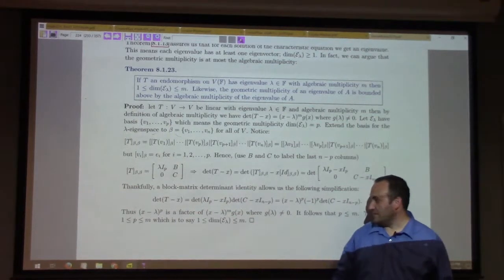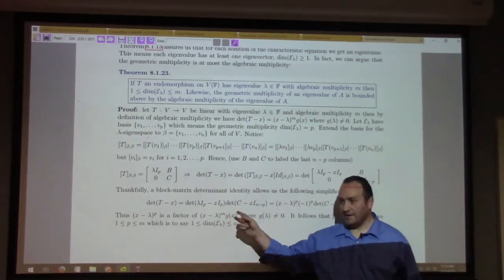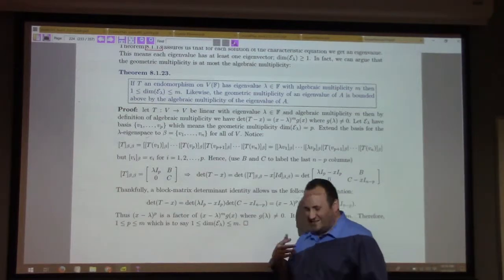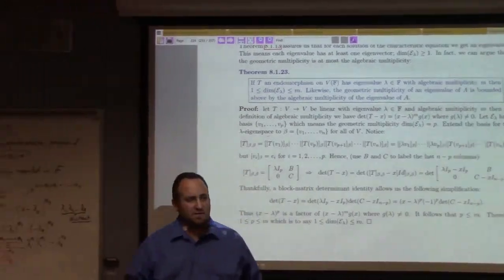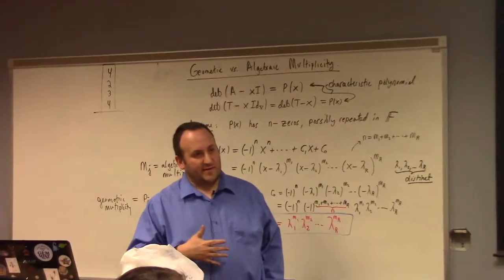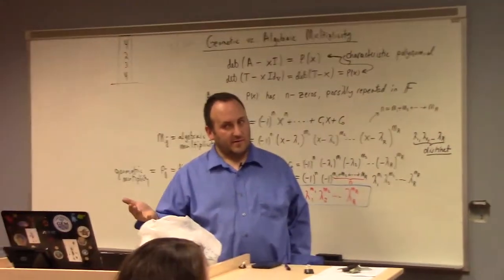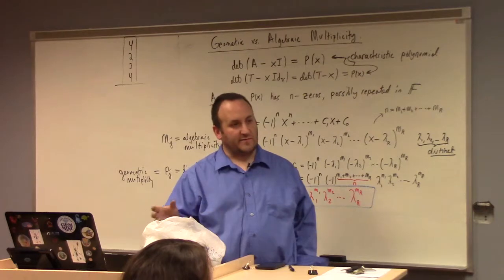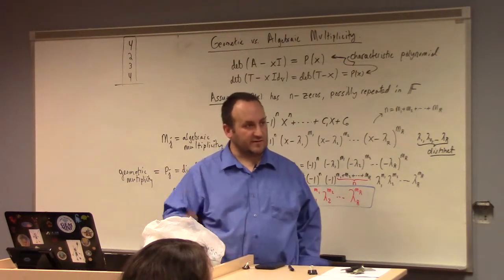So p is less than or equal to m, which is what I'm claiming. If you watch the videos, I show examples where it may or may not be the case that we actually have as many eigenvectors as we have repeats in the characteristic equation.